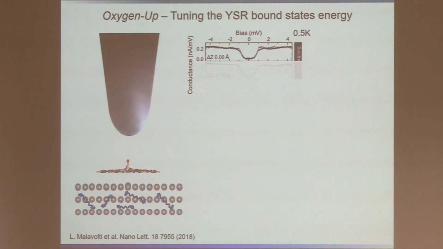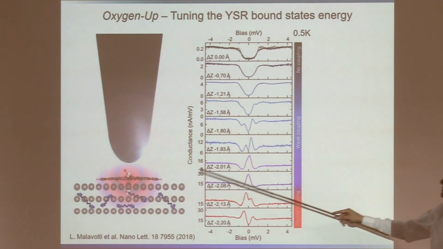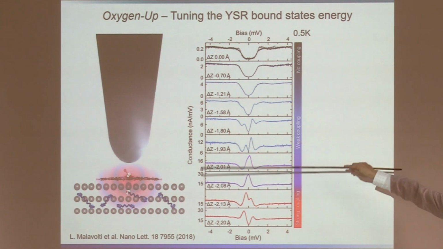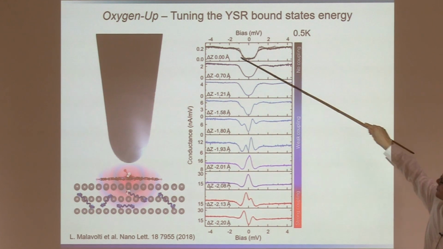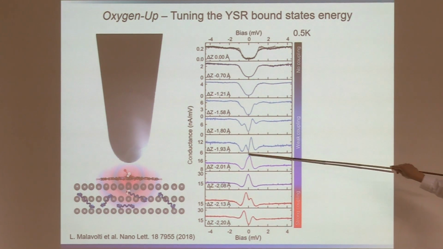And just to make the story short, this is an experiment we can do in the STM. Right? You can press down on the molecule with the STM, and if the STM tip is one thing, it is non-symmetric, right? So it will always break all sorts of symmetries, and we can indeed see that for the molecules where the oxygen atom is pointing up, if we press down on them, we start with the free gap, and as we press more and more, we see Shiba states running into the gap.